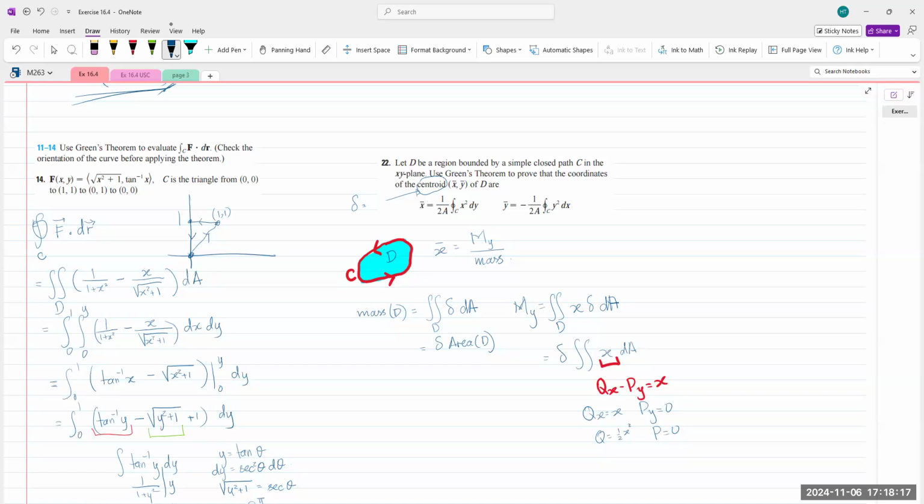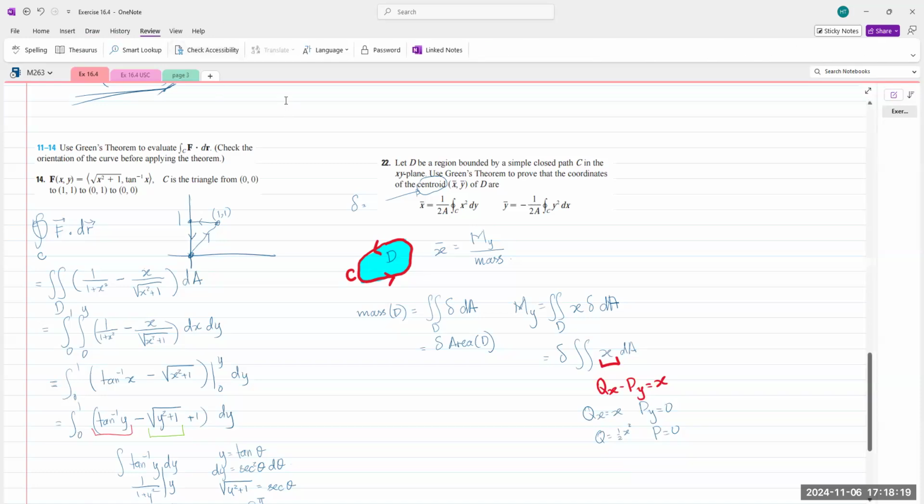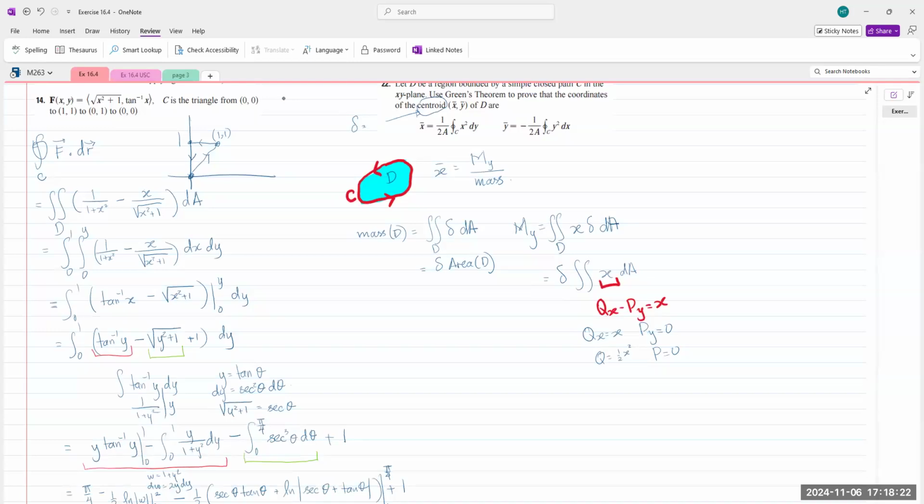Therefore, this integral, according to Green's theorem, is density times the integral over the closed curve C of 0, 1/2 x squared dr, which will give us density times the integral over closed curve C of 1/2 x squared dy.